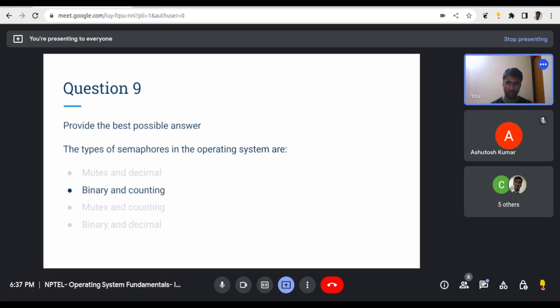So in a binary semaphore only one process gets entry into the critical section, but in a counting semaphore, since that integer variable's count can go beyond one, there can be multiple processes that get entry into the critical section to perform a synchronized operation. Okay, so certain types of jobs can be allowed.